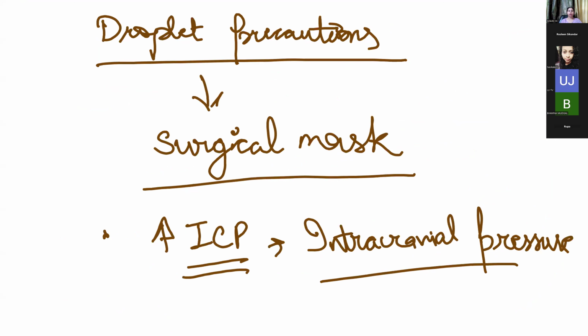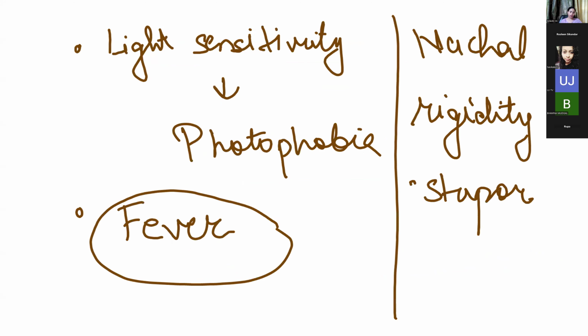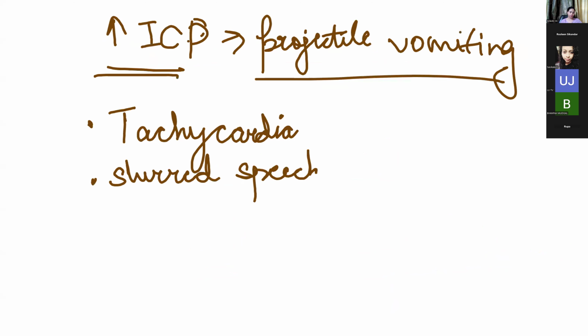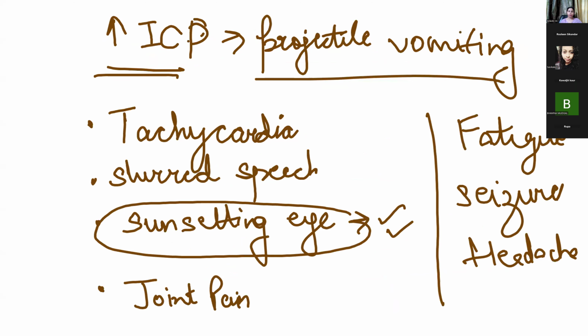So first thing was, meningitis में हमें कौन से precautions लेने हैं बताइए. सर्जिकल मास्क. Yes. और उसमें क्या क्या हो सकता है. मेनिंजाइटिस में जो आपका इंट्राक्रेनियल प्रेशर होगा वो बढ़ेगा या कम होगा. बढ़ेगा मैम. अब अगर इंट्राक्रेनियल प्रेशर बढ़ेगा तो क्या होगी. प्रोजेक्टाइल वॉमिटिंग. और क्या हो सकता है.